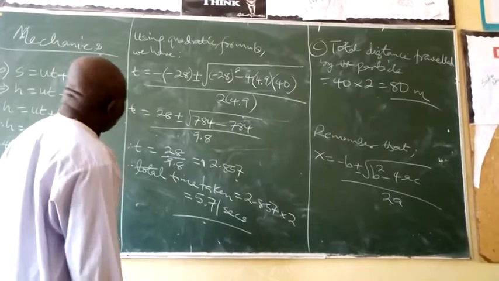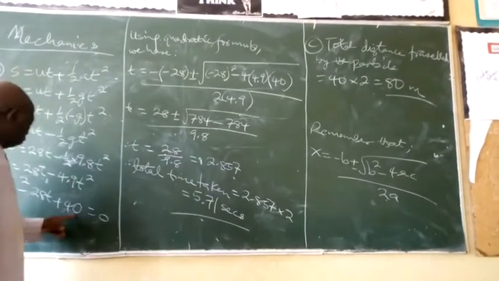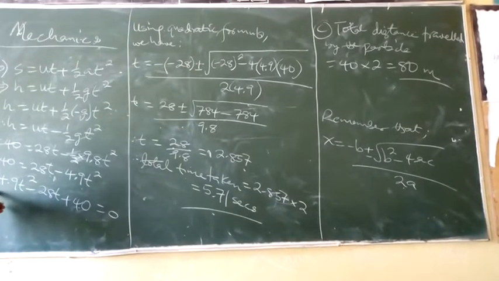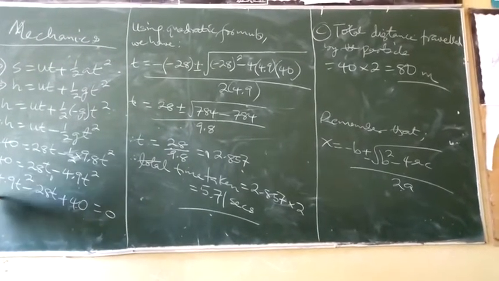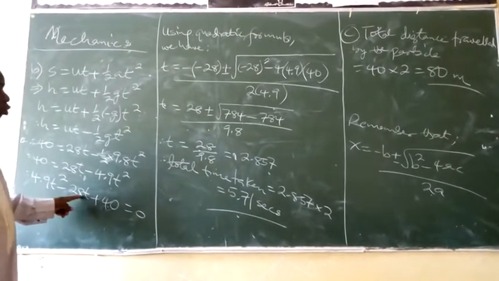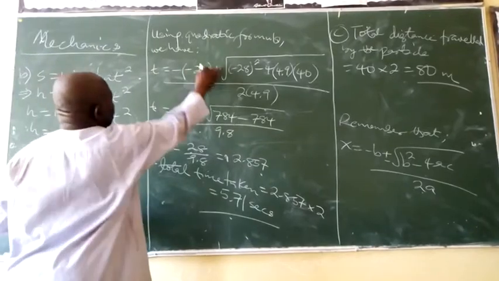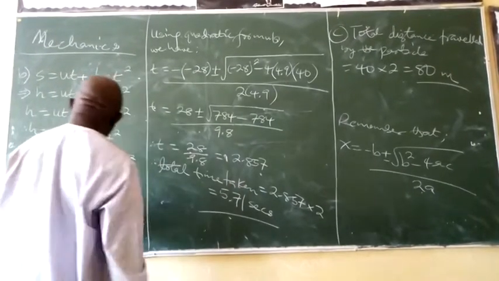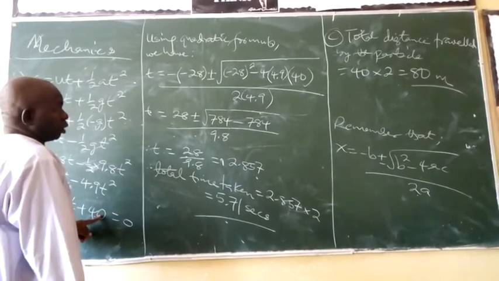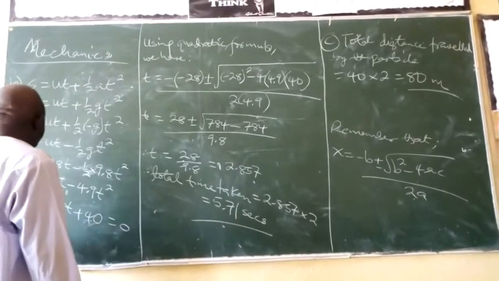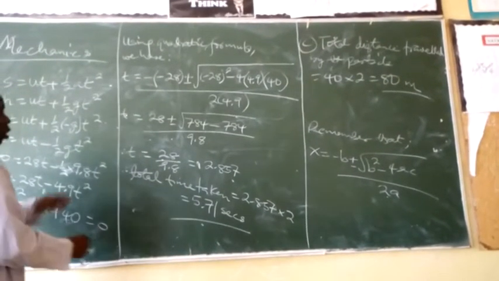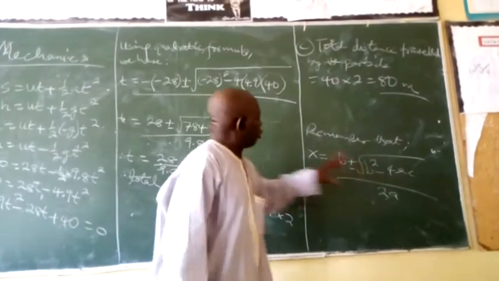If you compare this equation with the standard form of a quadratic equation, ax squared plus bx plus c equals 0, the value of a here is 4.9, b is minus 28, and c is 40.